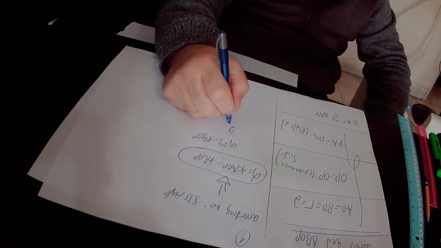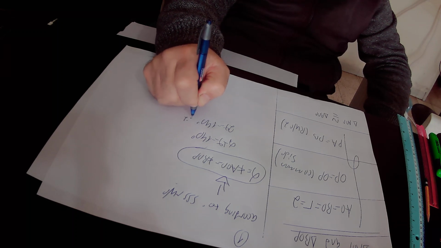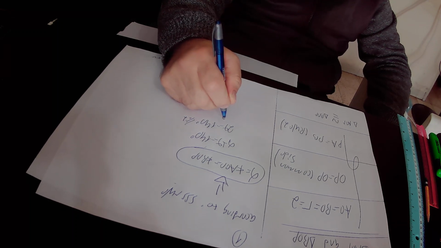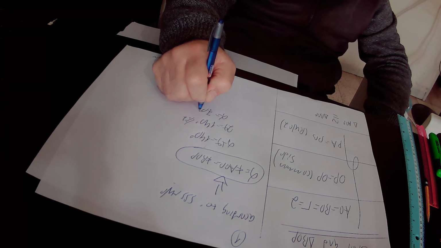Alpha plus alpha is 2 alpha, that is equal to 140 degrees. We divide this equation by 2. And finally we get that the missing angle alpha equals 140 degrees over 2, which is 70 degrees.